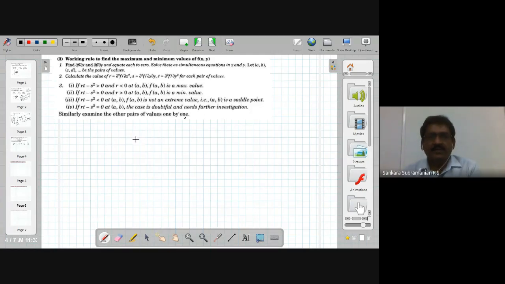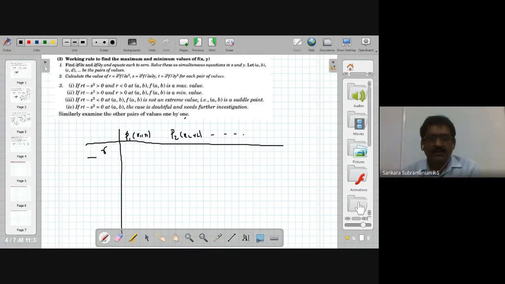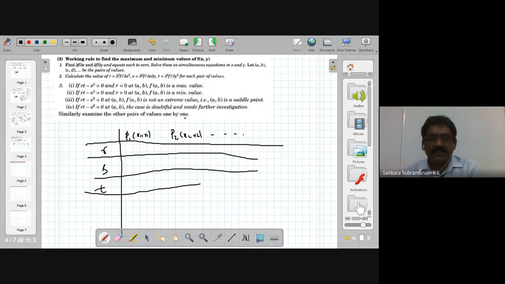So what we have done so far, we have identified the points P1, (x1, y1), next P2, (x2, y2), etc. Then we calculate the values of R, S, and T. The next one is R times T minus S square. This quantity you have to calculate.